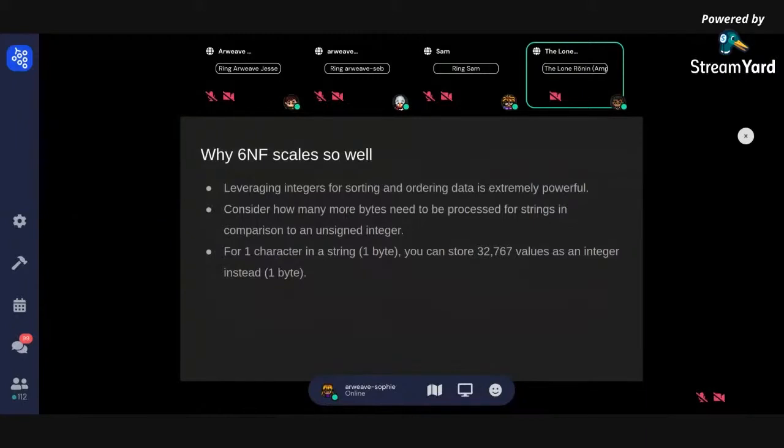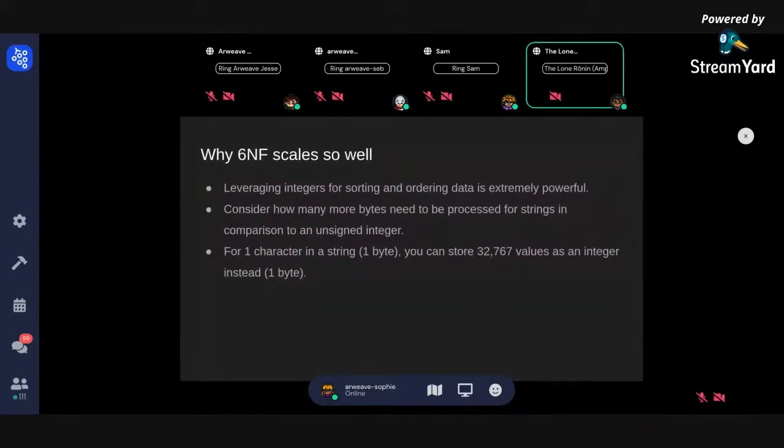A good analogy to understand why sixth normal form is so much better is just looking at the amount of bytes required to store a string in comparison to an unsigned integer. For that same one byte, you can store 30,000 values in an integer, whereas for a string, you can only store one character.